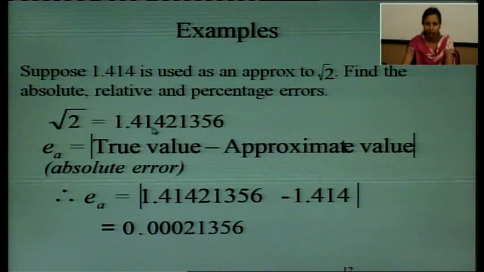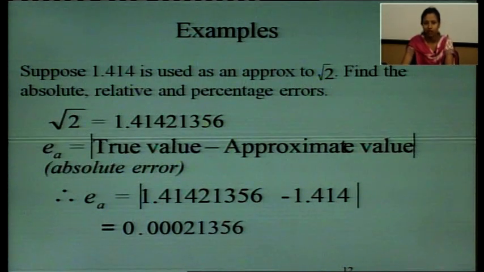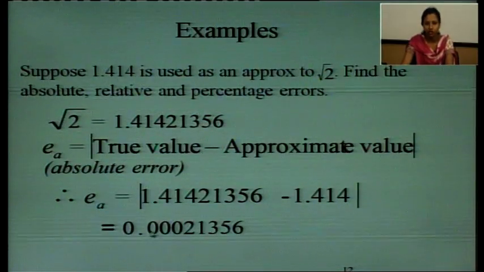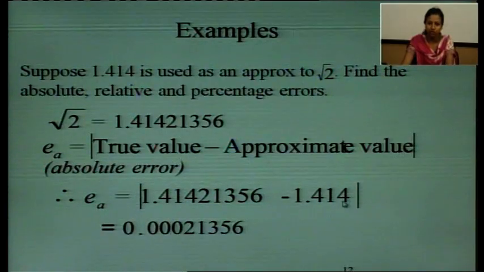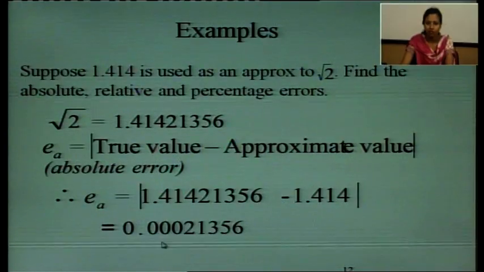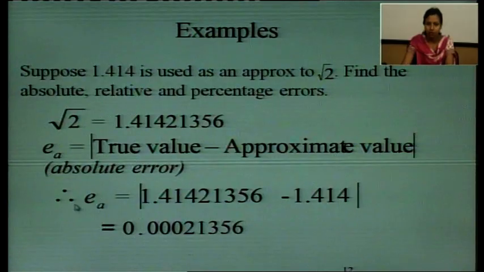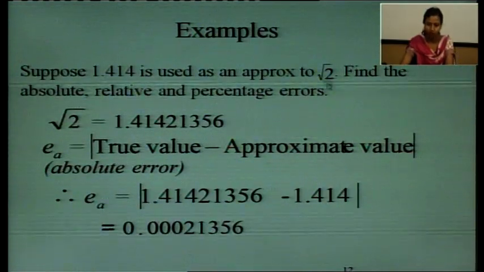True value is 1.41421356 while the approximate value is 1.414. So absolute error here is equal to the difference of these two terms. So it is equal to 0.00021356. This is the absolute error in the measurement of square root of 2.